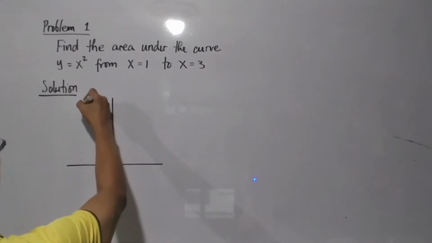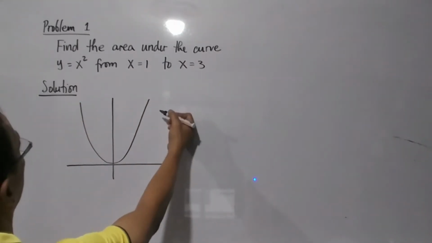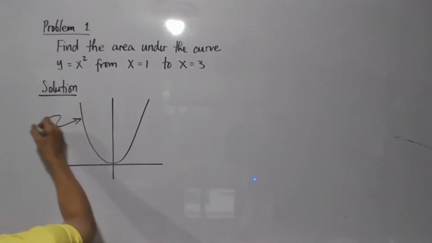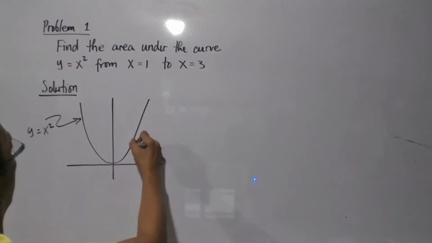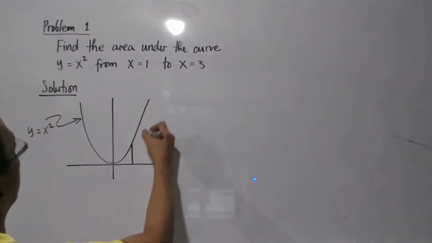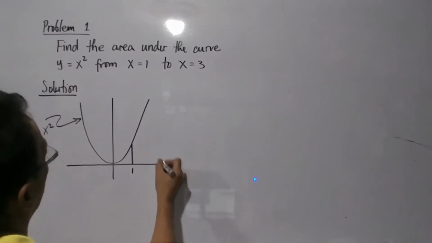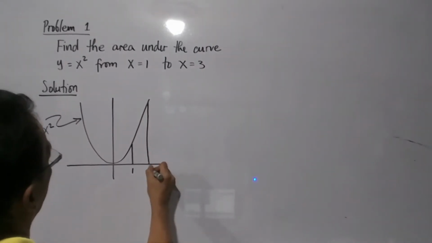So it is a parabola going up, with boundaries at 1 and at 3.